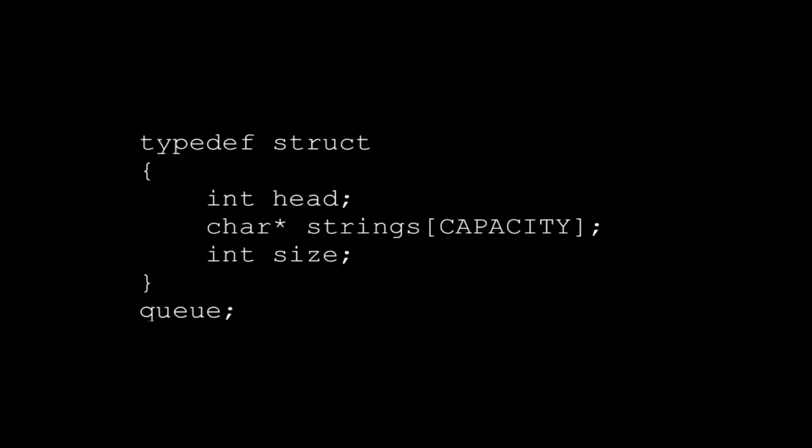So effectively, with the head, we have the index of the beginning of the queue, and the size gives us the index of the end of the queue, so that we can retrieve things from the head and add things on to the tail. Whereas with the stack, we were only ever dealing with the top of the stack, right? We never had to access the bottom of the stack. We only added things to the top and took things off of the top. So we didn't need that extra field inside our struct. Does that generally make sense?